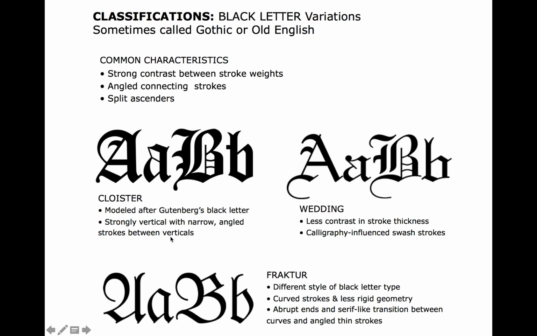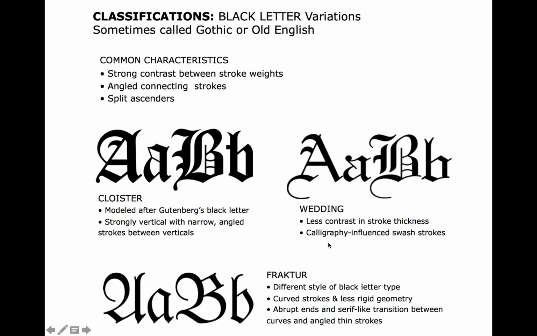And the cloister, which is modeled after Gutenberg's black letter, which is similar to that Gothic manuscript style, usually has a strong vertical but narrow angled stroke between the verticals.